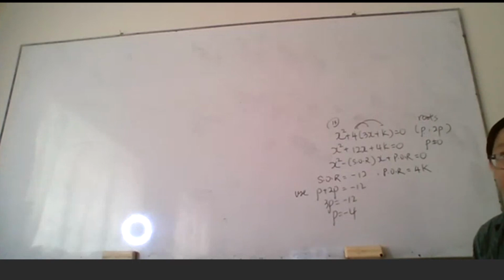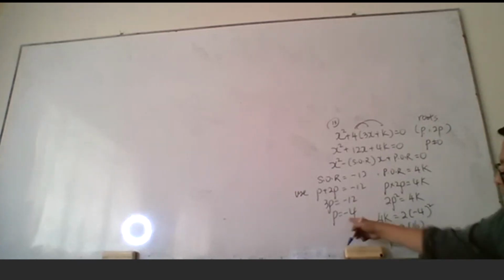And what about the product? Product means p multiply 2p, and 2p squared equal to 4k. So p is negative 4. Now I'm going to replace p equal to negative 4 into that. 4k equal to 2 times 16.